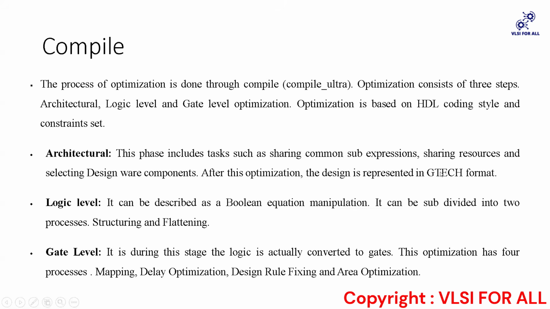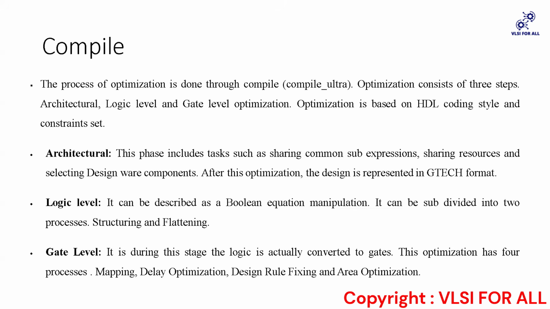You know the GTECH format, generic technology format. In logic level, it can be described as Boolean equation manipulation. It can be subdivided into two processes, that is structuring and flattening. Let's see it later. You just need to remember logic level, Boolean equation manipulation.